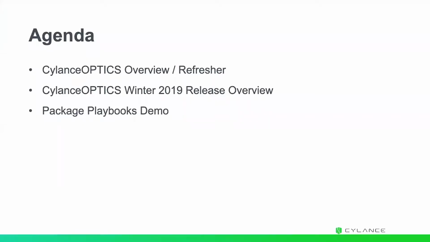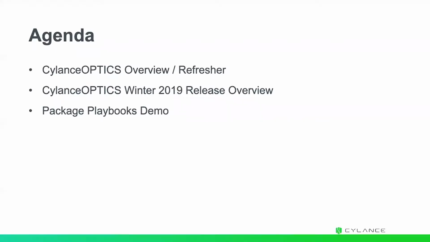So quick agenda, we'll go over a CylanceOPTICS overview and refresher for those of you who may not be familiar with the product or are just seeing the product for the first time. Give you a quick high-level overview as to what the product is capable of, why we build it in the way that we do.